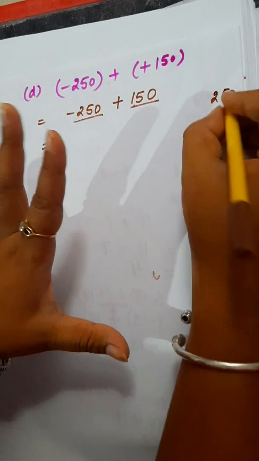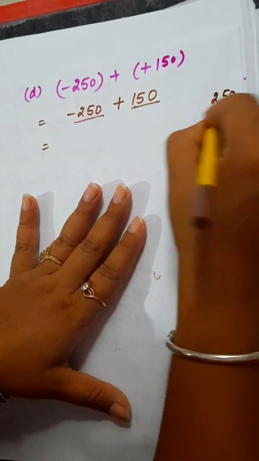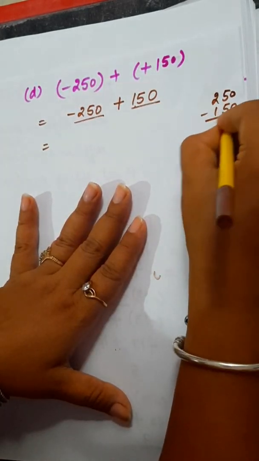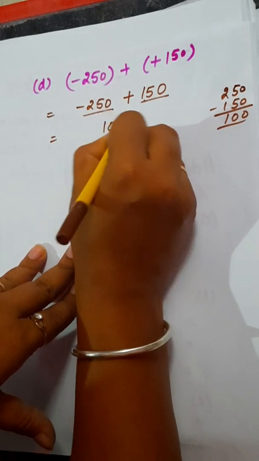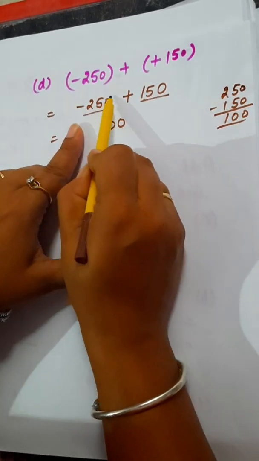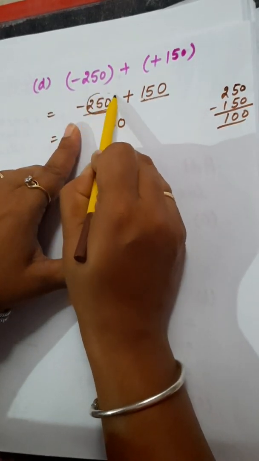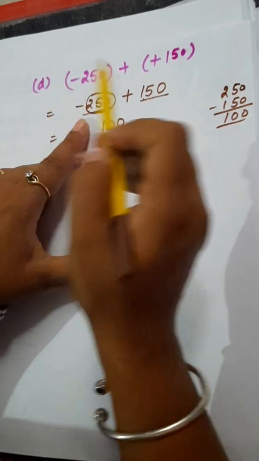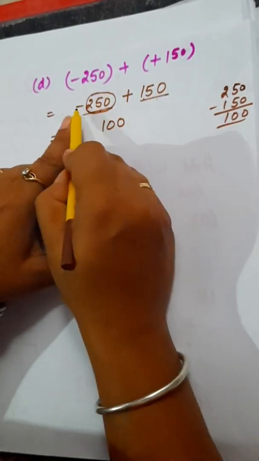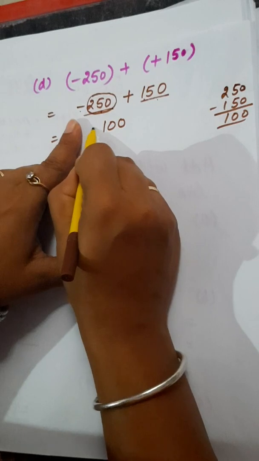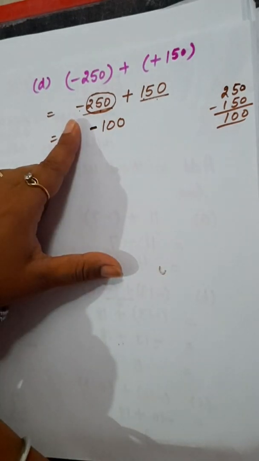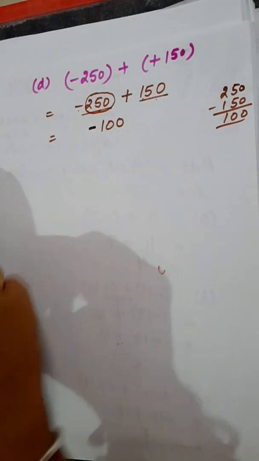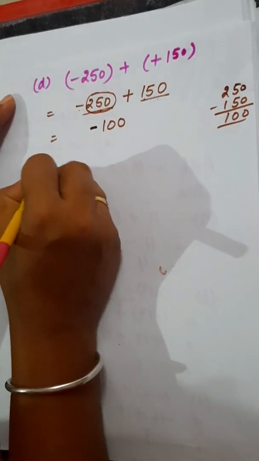Whenever the opposite integers are there, I have to subtract. So I will get 100. Now in this we have greater numerical value, that is 250. 250 is a greater numerical value than 150 and it has negative sign. So put the negative sign in front of 100. So next we have E part.